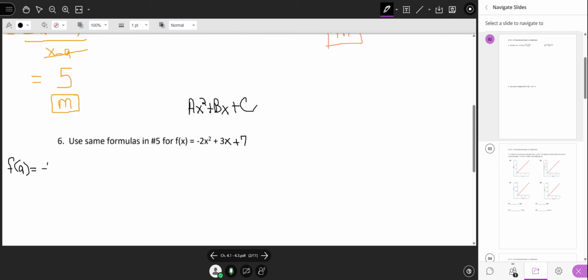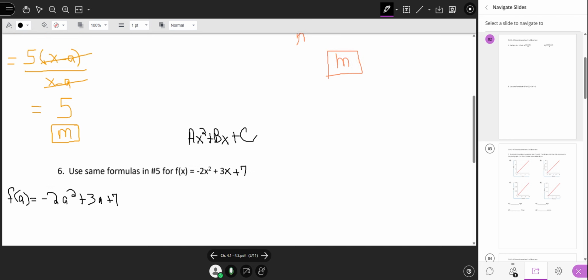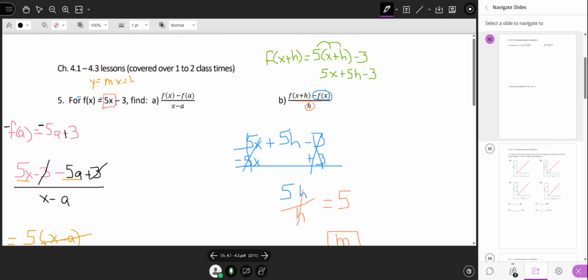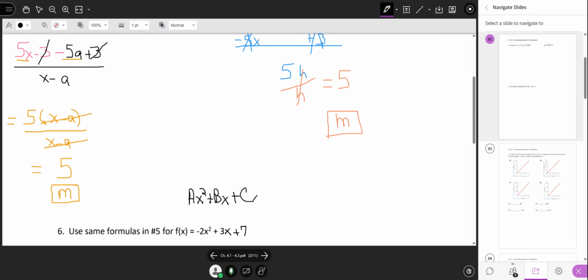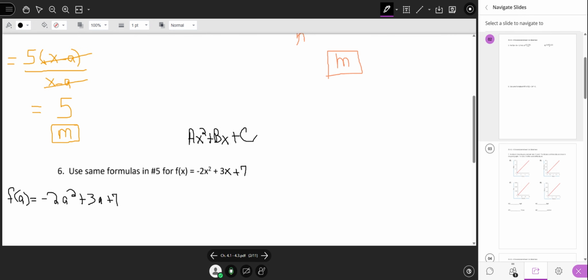So negative 2a squared plus 3a plus 7. Then we find f of x minus f of a. Yeesh.